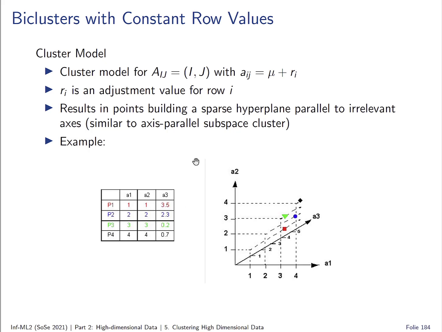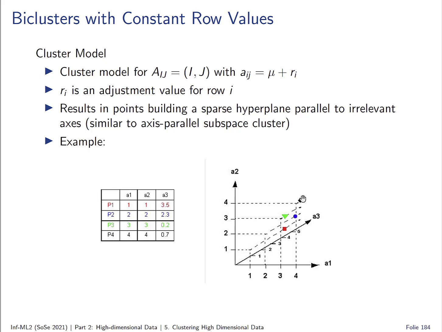Okay, so the result is actually points building a sparse hyperplane parallel to the irrelevant axis. You see that here. The points are on a hyperplane which is parallel to the irrelevant attribute, which here is A3.